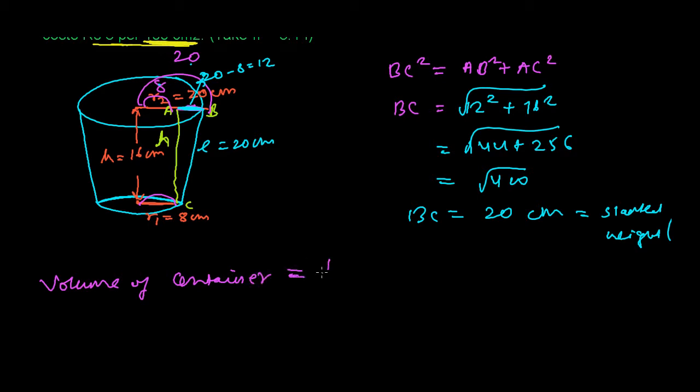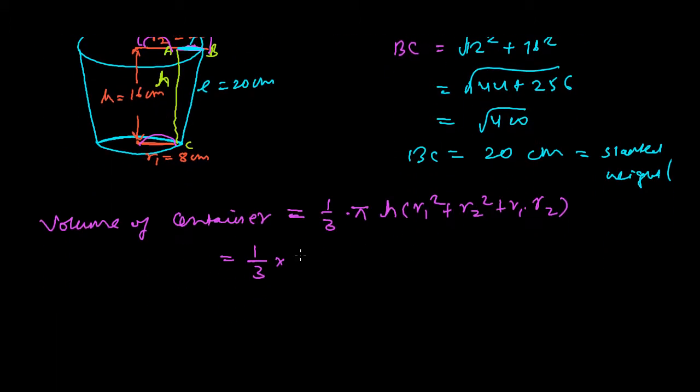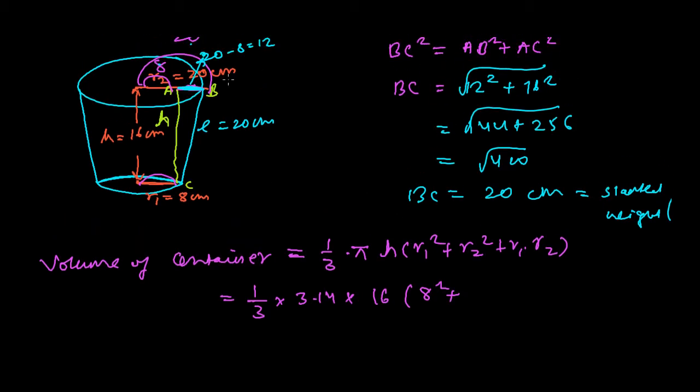The volume of the frustum, as we have learned, is 1 by 3 pi h times R1 square plus R2 square plus R1 times R2. So here 1 by 3, and the question says we need to use 3.14 for pi. The height is 16, R1 is 8 so 8 square, and R2 is 20, so 20 square, and again R1 times R2, 8 times 20.